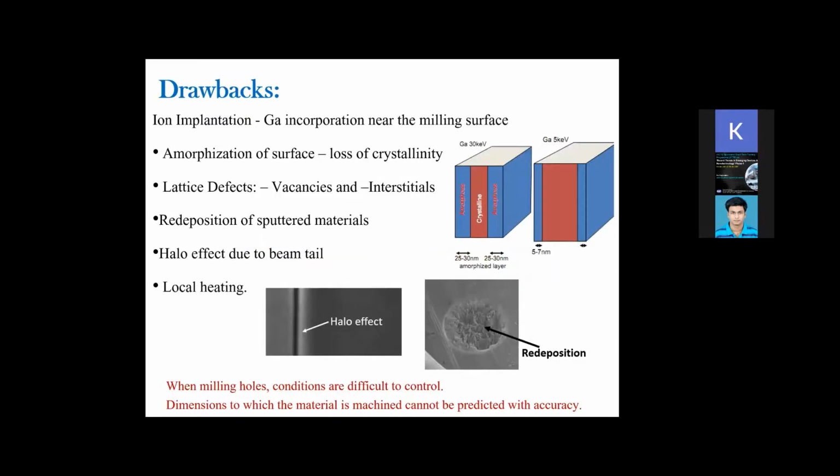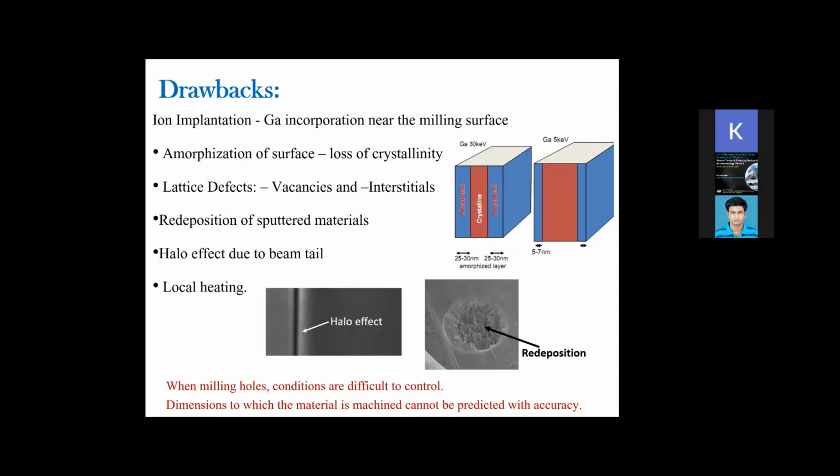Okay, but however, everything has a drawback. This also has some drawbacks. While it mills, these ions interact with the surrounding, and that causes amorphization on the side regions. So whenever you are milling, you have to know that you actually consume some of the crystalline regions. So let's say you have a crystalline sample and you are milling the sample from both the sides.